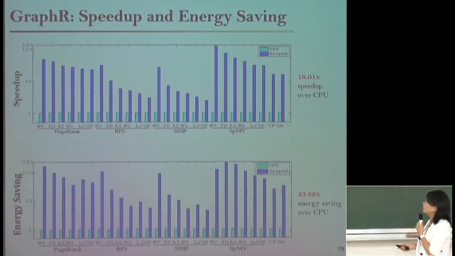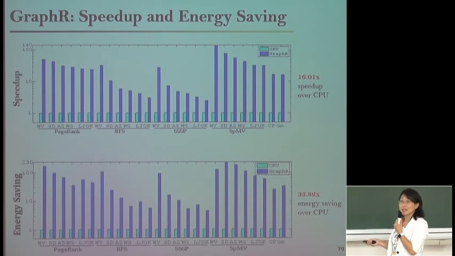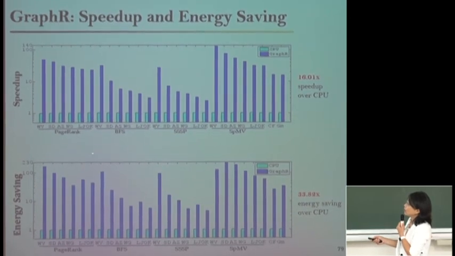I hate to present the results because they don't make much sense on their own. But here we tried architecture-level simulations for benchmarks in PageRank applications, breadth-first search applications, shortest path search applications, and sparse matrix-vector applications.